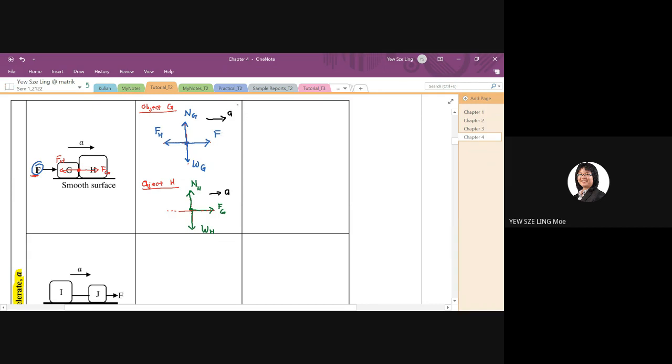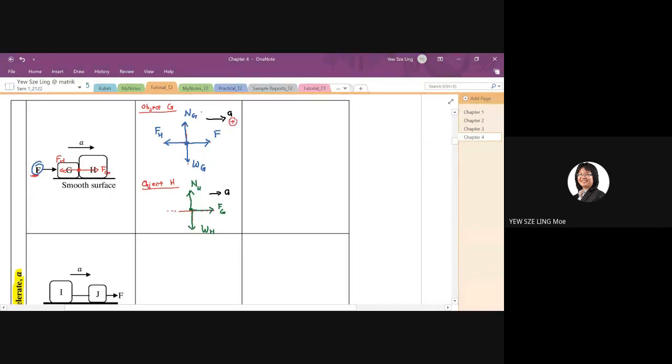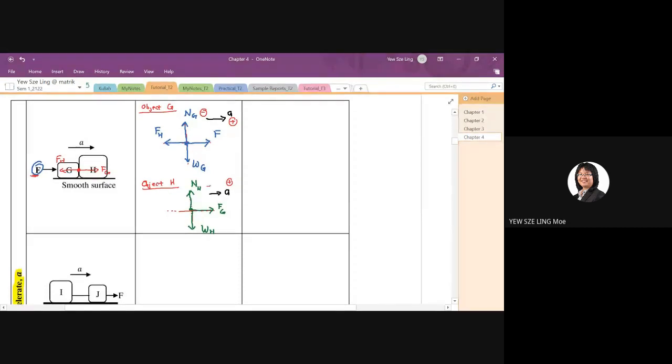The direction of A, we are going to take as the positive direction. The other direction would be a negative direction. So the arrow is positive, the tail of the arrow is negative. According to this question, we are going to take the right-hand side as our positive direction. If you have A going to the left-hand side, then we are going to take the left-hand side as a positive direction. So that is a special thing in Newton's second law.